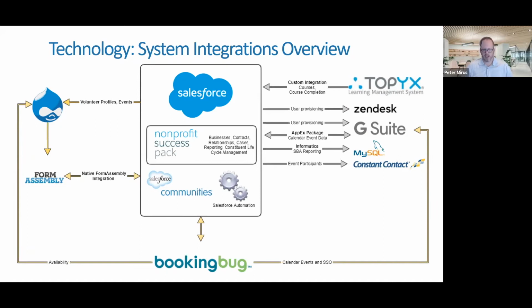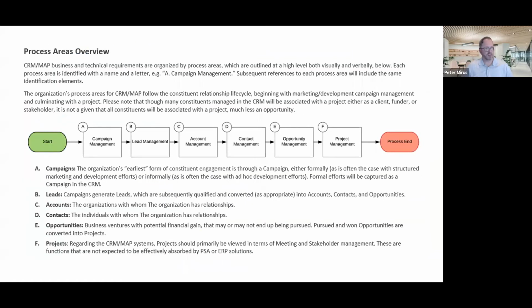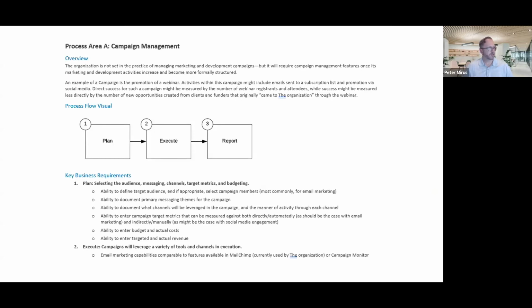And then as another example, harkening back to the earlier process mapping that I showed, these are some examples of how you could take a journey flow and associate it with additional narrative detail for the business requirements and technical requirements. And this is something that we can train organizations to do for themselves as well.